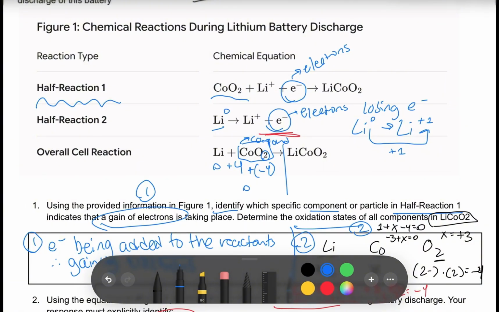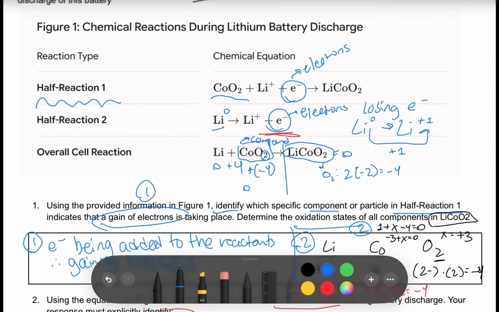Now on this side, we have an entire compound altogether, including lithium. So this whole thing is also going to be equal to 0. But if you look at it carefully, the same rules apply. There are 2 oxygen atoms times the oxidation number, which is -2, that's -4.